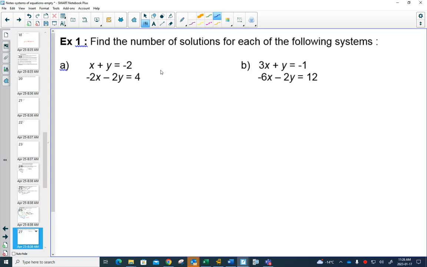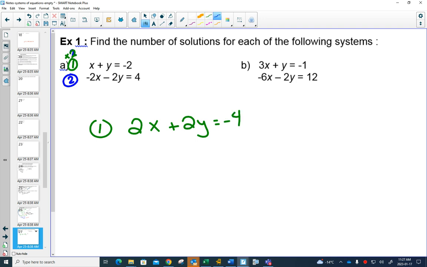You want to eliminate? So, can you see that, and I'll color code them again, I'll make this equation 1 and this equation 2. If you took equation 1 and you multiplied everything by 2, then equation 1 would be 2x plus 2y equals -4.